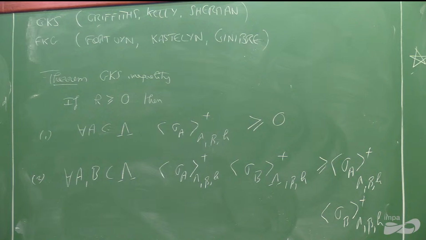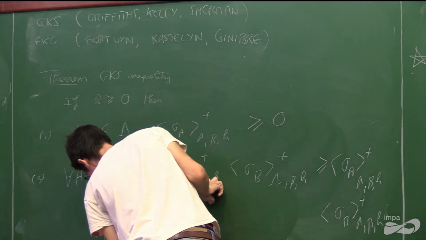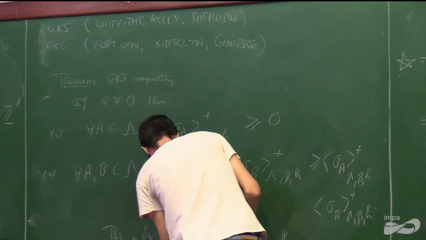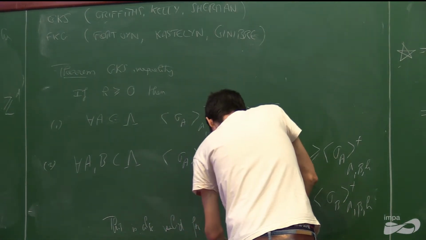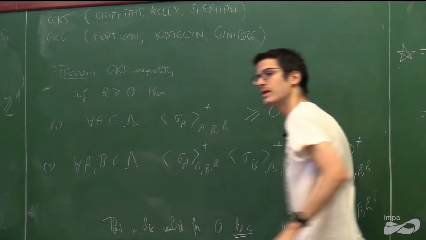So what's important is that this is true only for H larger than 0 and plus boundary condition, or if you prefer, non-negative boundary condition, because this is also valid for 0 boundary condition.